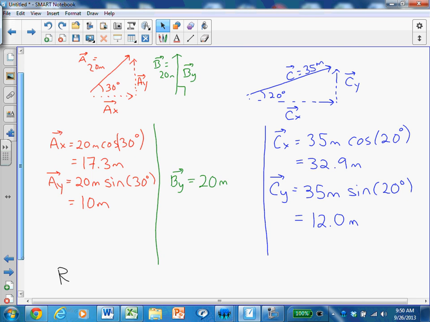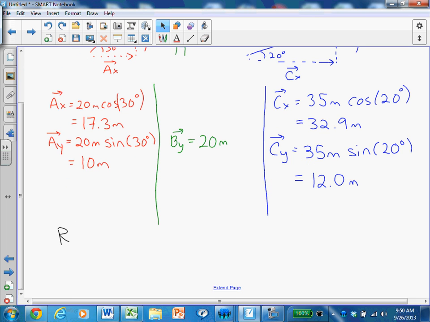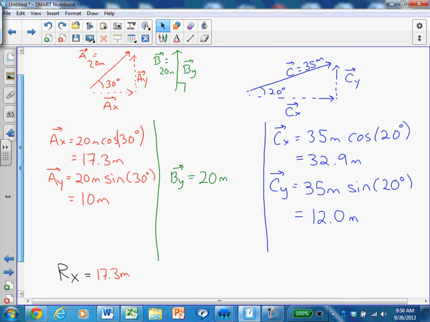So this is what I wrote down when the fire bell rang, R. But Rx would be 17.3 for the Ax component. So this little one right here, this is 17.3.